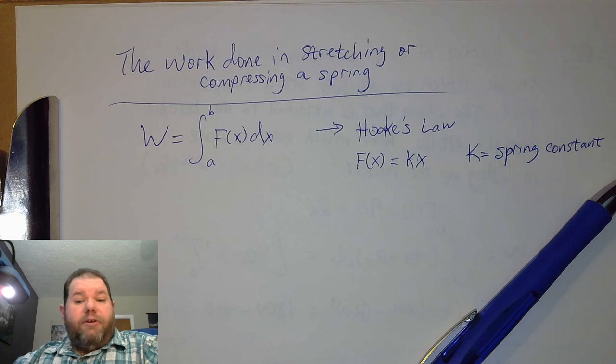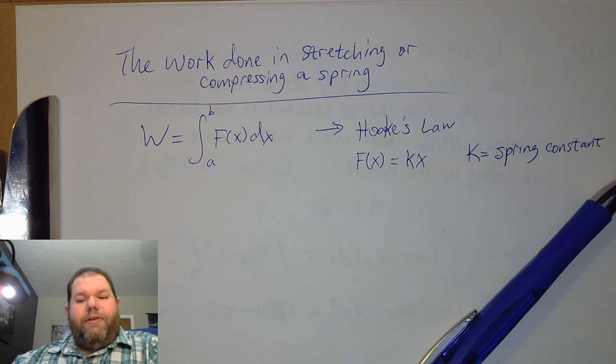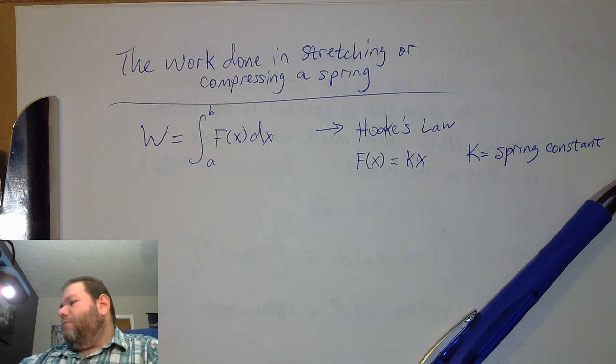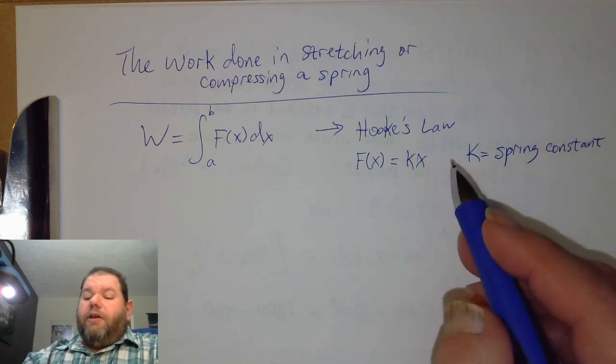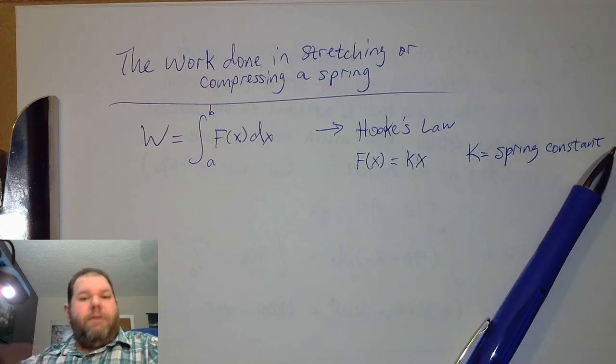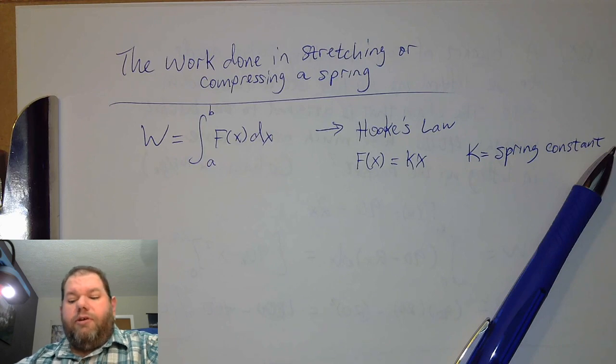Versus a slinky, which has a pretty low spring constant, because those don't want to restore too well and you can keep them stretched pretty easily. And then x is the displacement from its original position.